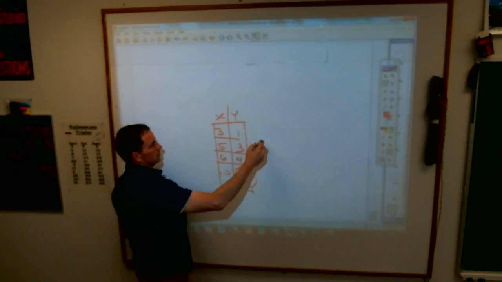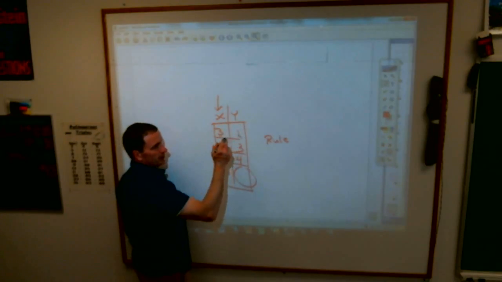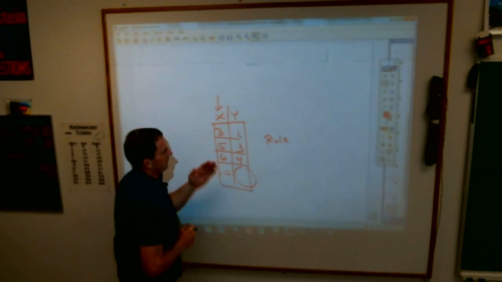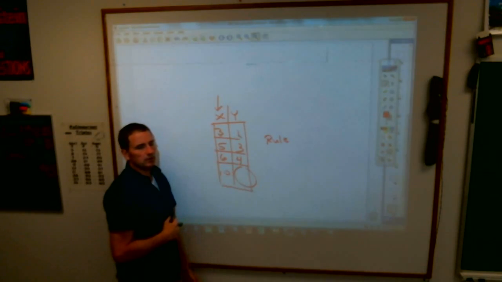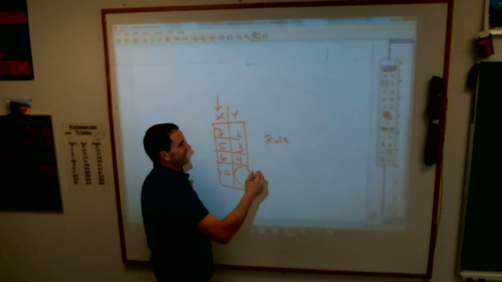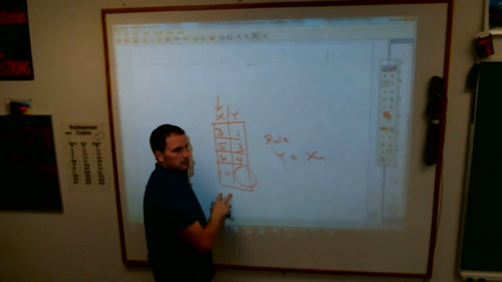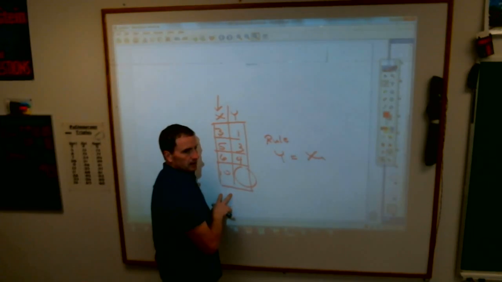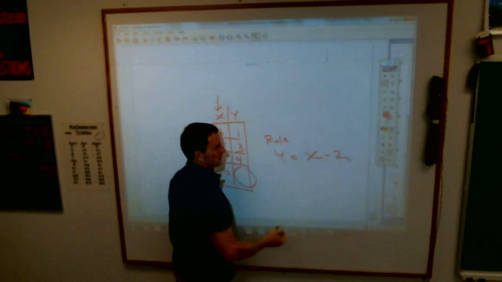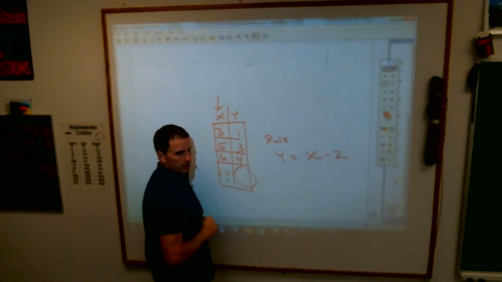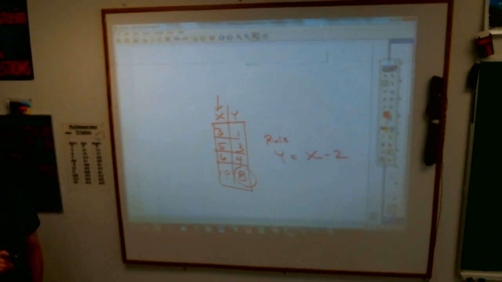You have to find the function rule, which means if x is my input, what do I do to my input every time to get my output? If my input started out 3 and it spit out 1, started 5, spit out 3, started 6, spit out 4, what's happening every time? What are you doing to x to get y? Subtract 2. So what's my answer if x is 10? 8. And that's all they're looking for there.